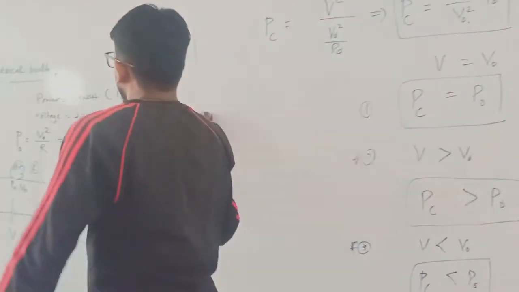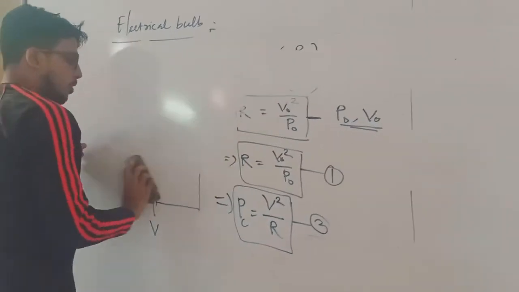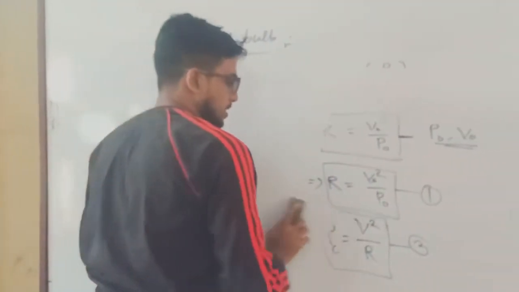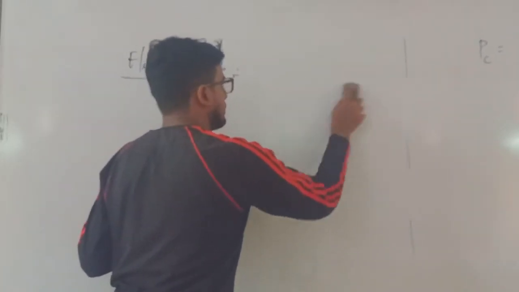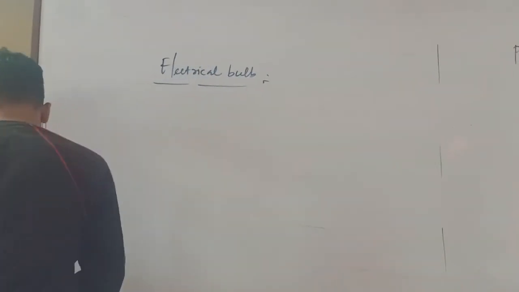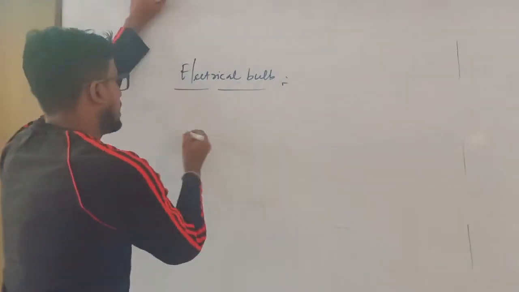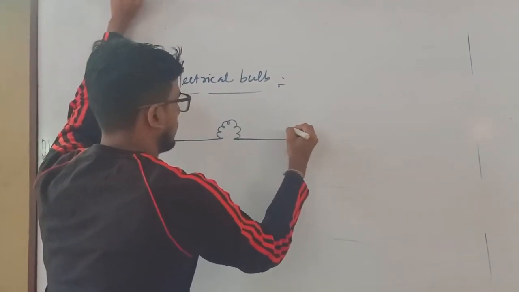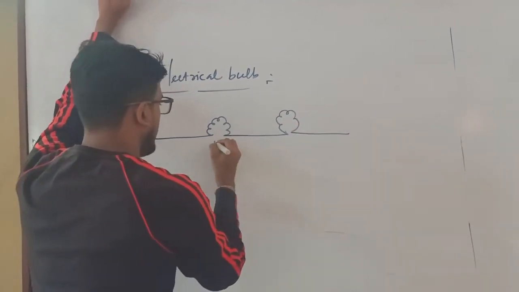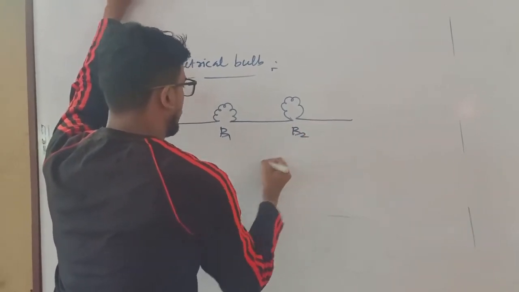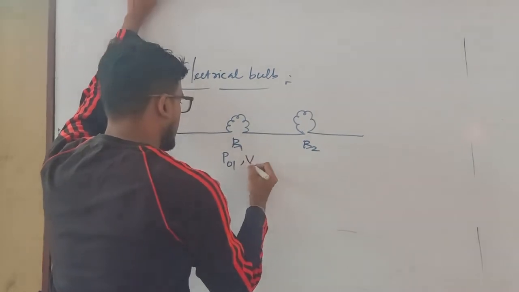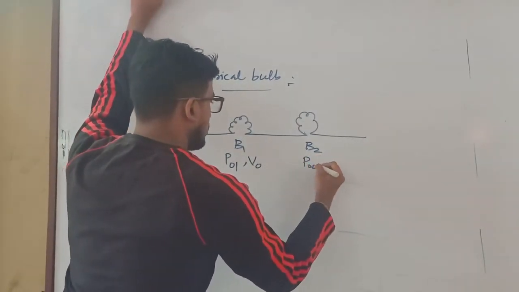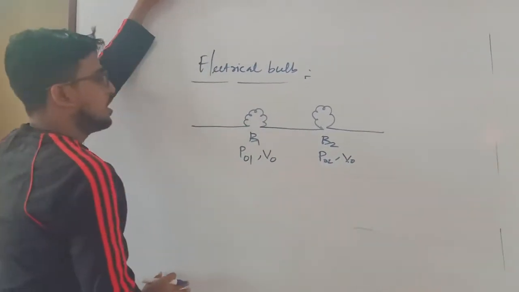Now let us talk about what will happen if we connect bulbs in series or in parallel combination. So let's consider there are two bulbs, V1 and V2, having power ratings P01 with potential V0, and P02 with the same potential V0.